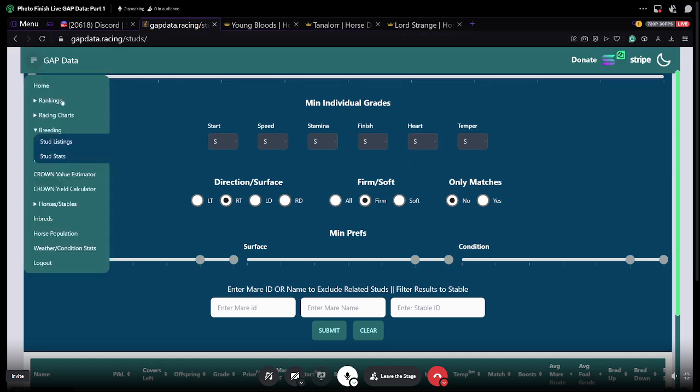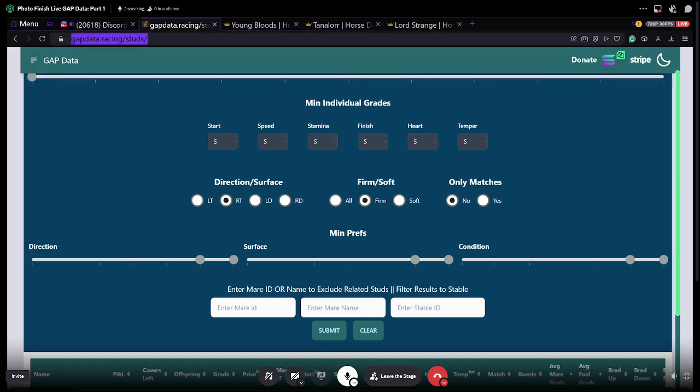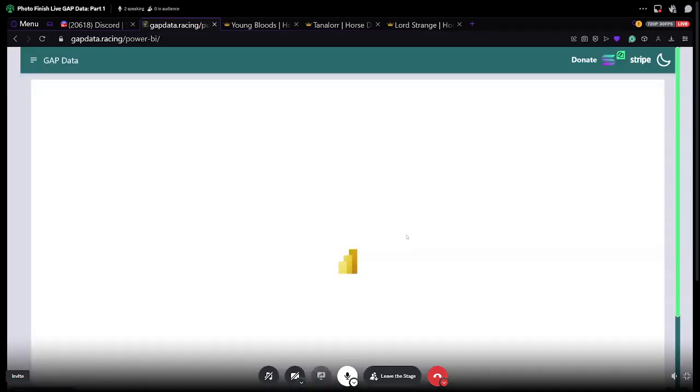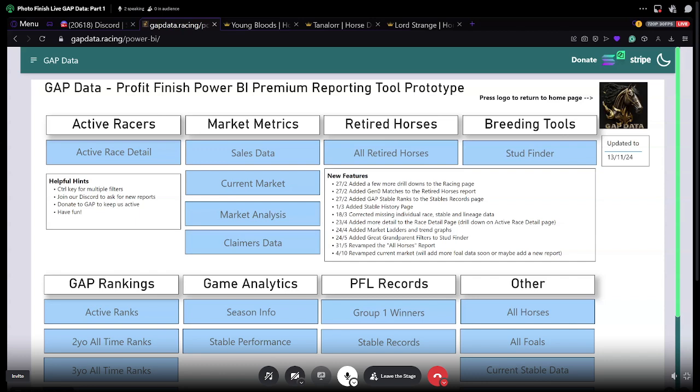For gap data, I think Power Buy is what I use every day. I use it even now, especially when I'm looking at horses in claimers.